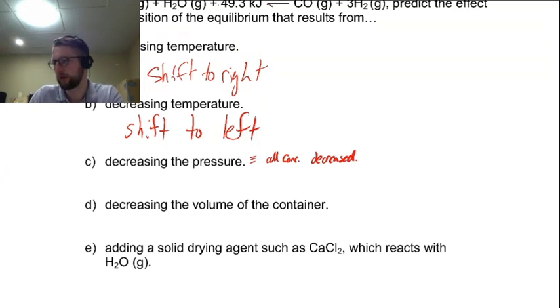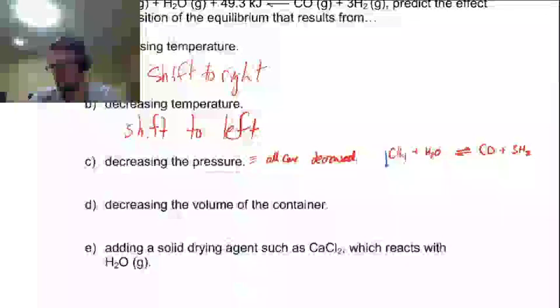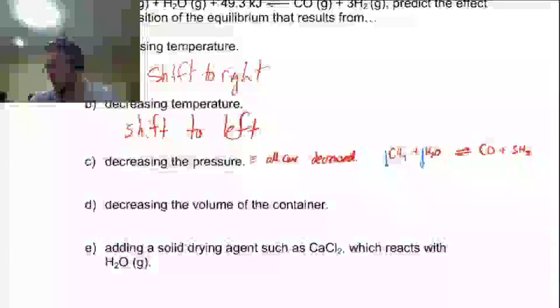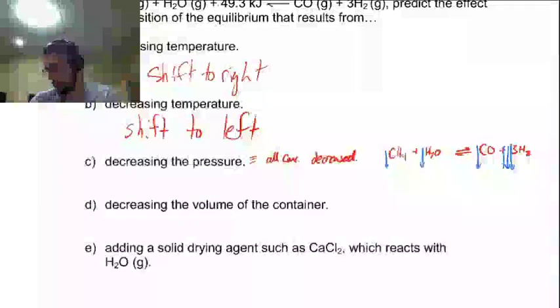So if we look at it this way, we have CH4, H2O, and then CO plus 3H2. What I'm doing in my mind is, I got 1, 2 arrows here, and I get 1, 2, 3, 4 arrows here.